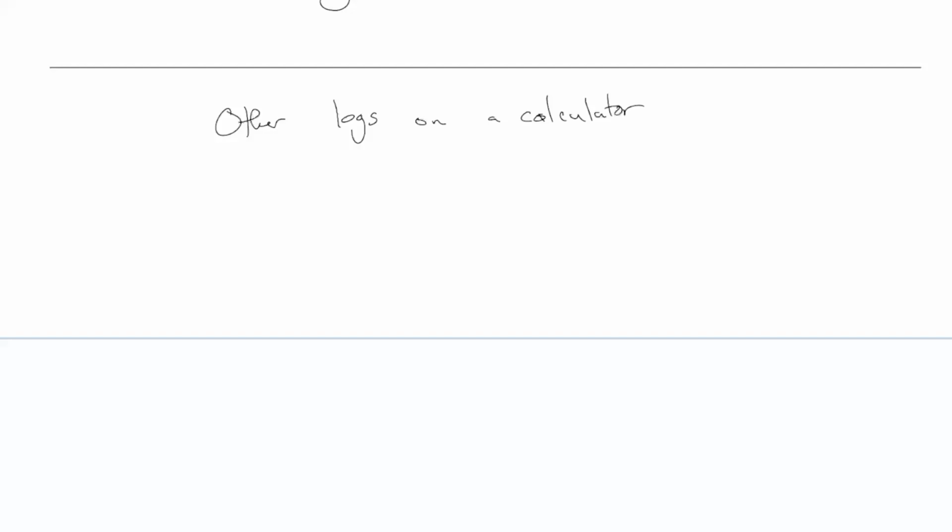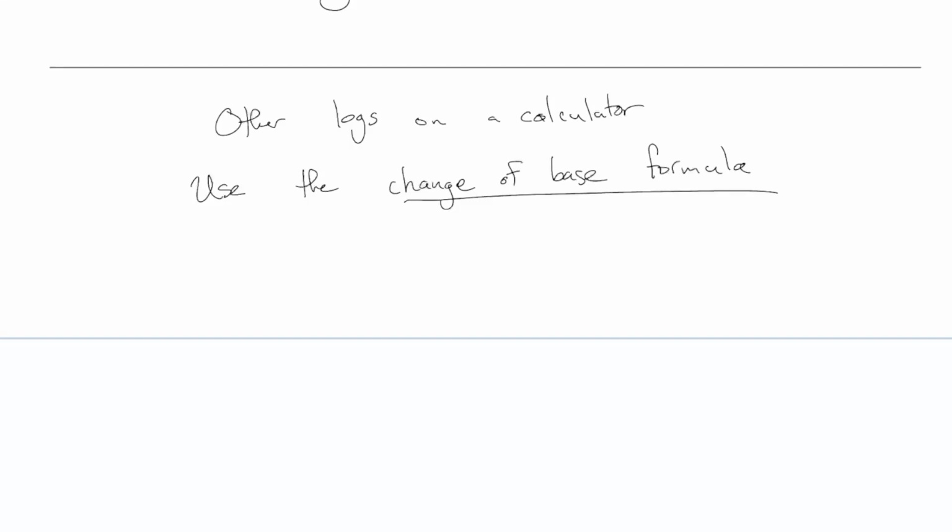This is possible because of what we call the change of base formula. Right? Your calculator only has the natural log on it, but that's because they expect you to know the change of base formula. And so if you want to do some different log, you can easily do that if you know the change of base formula.